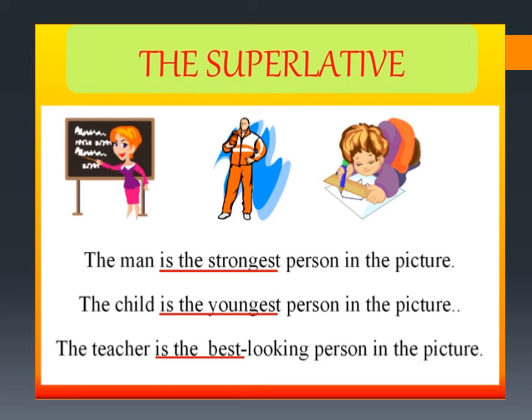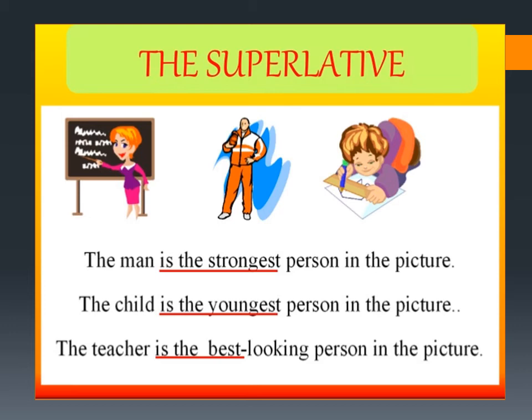We cannot use superlative degree, that is EST forms, when there are two people or two things to be compared, or when there is only one person or one thing to be compared. To get a superlative degree, we need to have more than two people or more than two things to be compared. And the form is EST form.